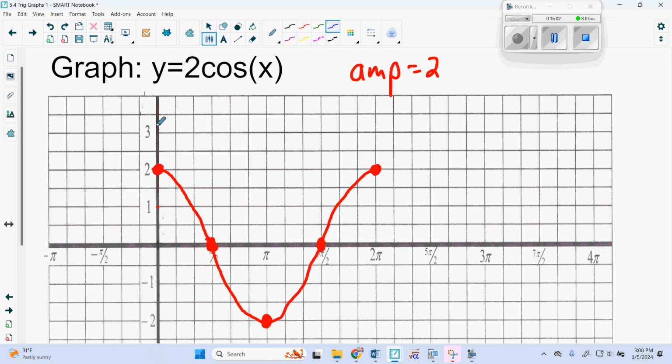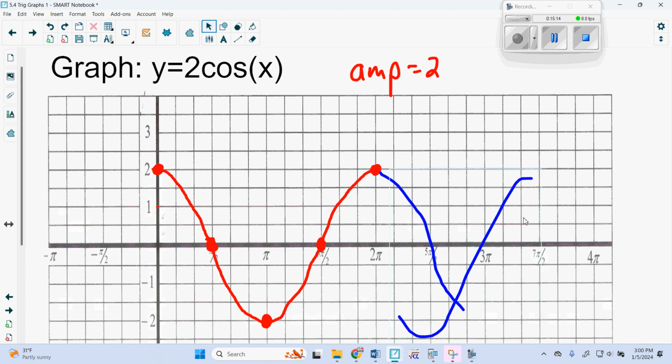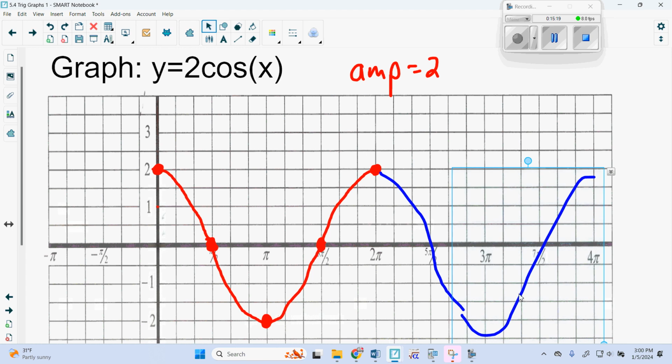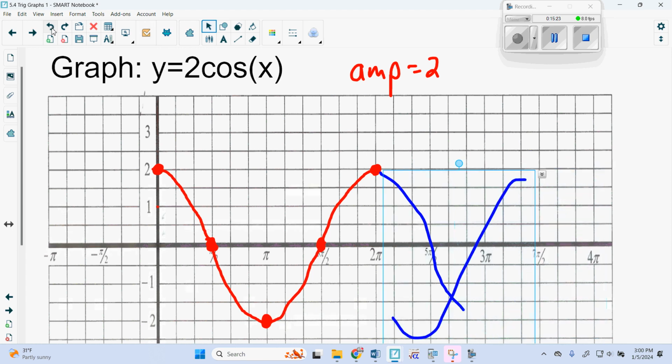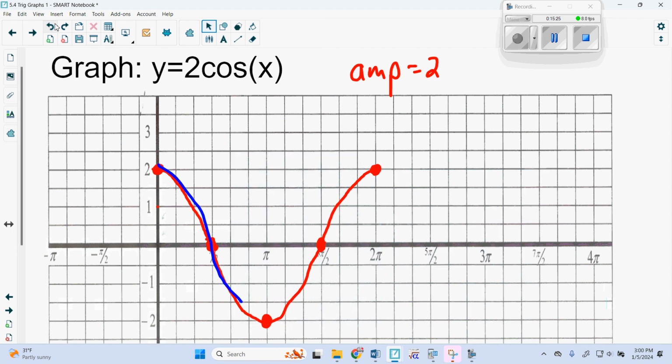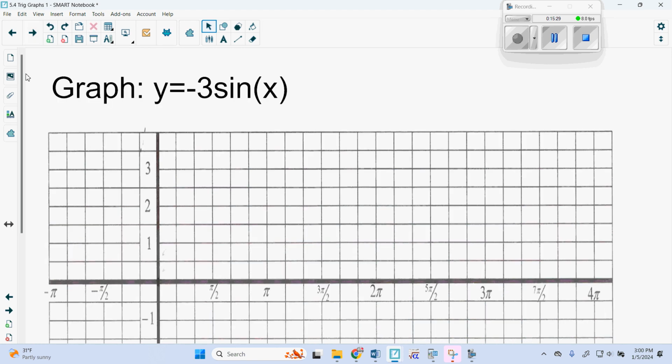If we had to graph more, we could take this basic shape and then redo this and go further, right? And there it goes forever, but we don't really worry about that. We are only going to graph one period, start and stop, because once we get to there, we can repeat it.